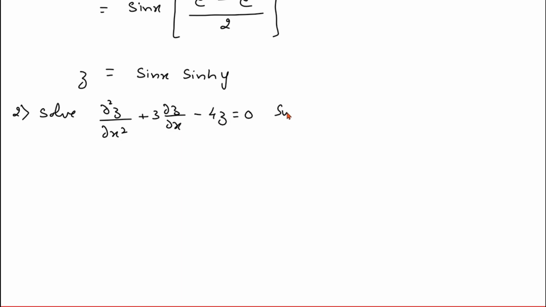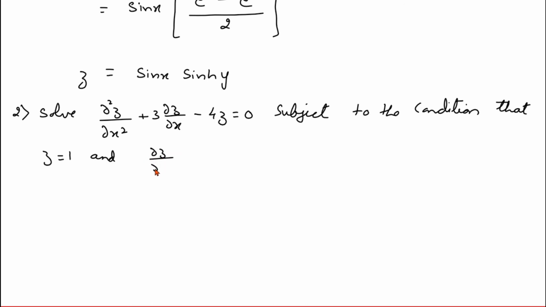Solve this one subject to the condition that z is equal to 1 and del z by del x is equal to y when x is equal to 0. So that's the equation you have.